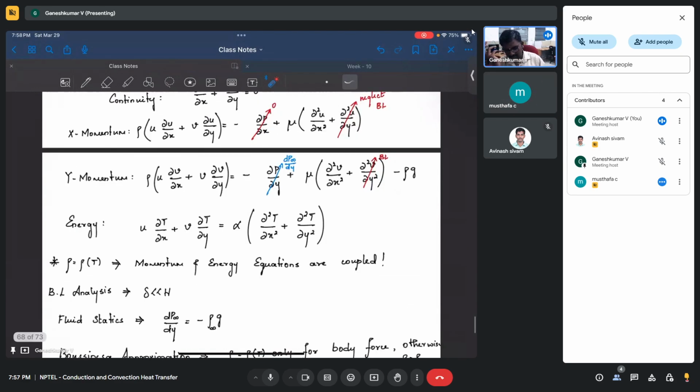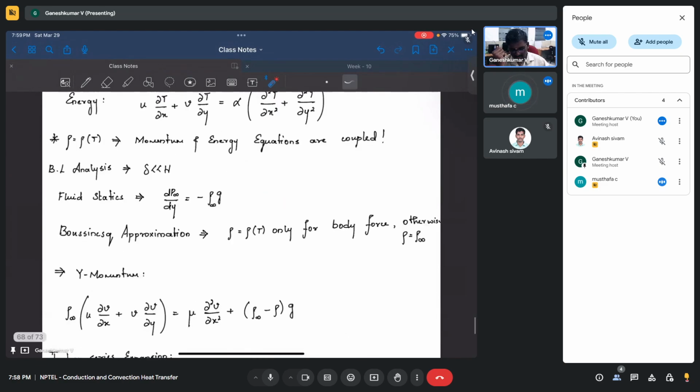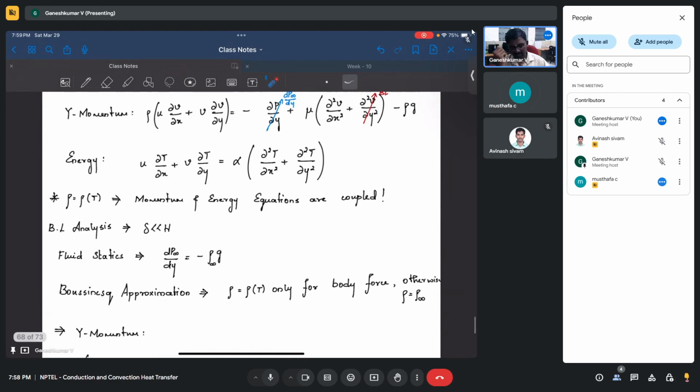In your momentum equation, you have density in the convective part, and you have density in the dp infinity by dy term, which becomes rho g based on fluid statics. Now the Boussinesq approximation says that I'm going to consider density to be a function of temperature only in the body force term.